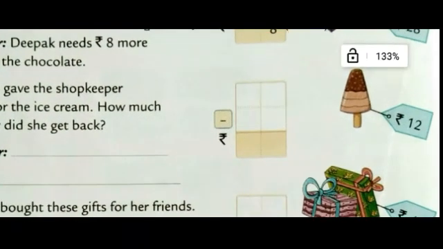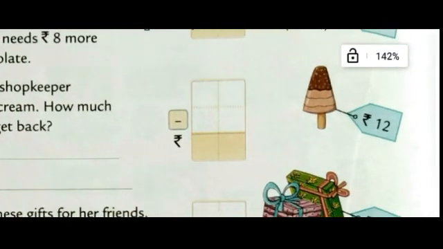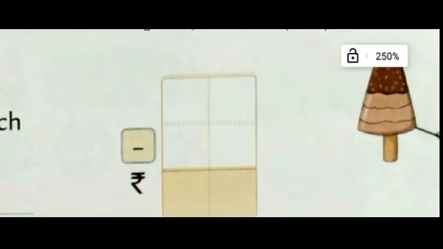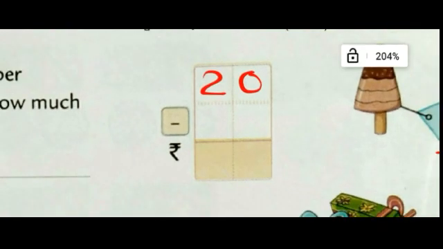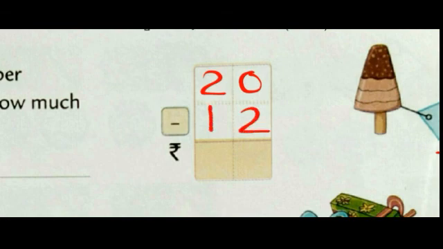Now, she gave 20 rupees to the shopkeeper and the ice cream is for 12 rupees. So, to find out how much she will get back, that we have to subtract. So, first we will write the cost of the ice cream here. Sorry, the money that she gave to the shopkeeper. And then we have to subtract the cost of the ice cream.